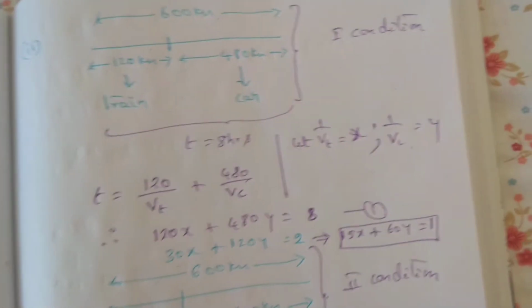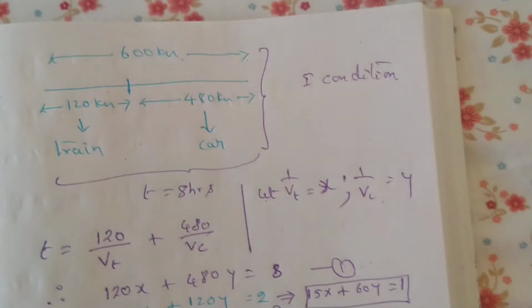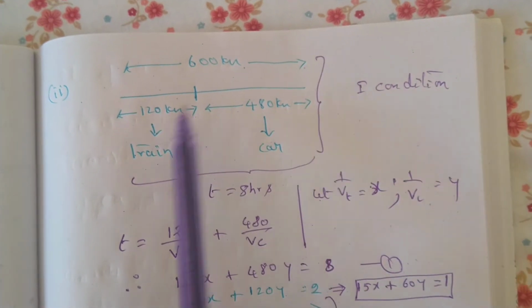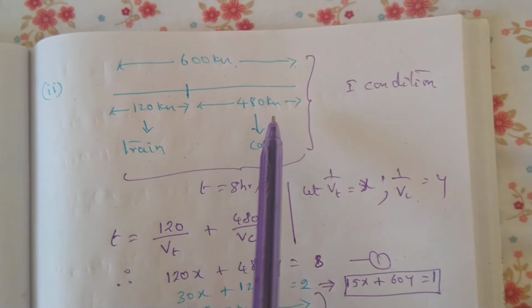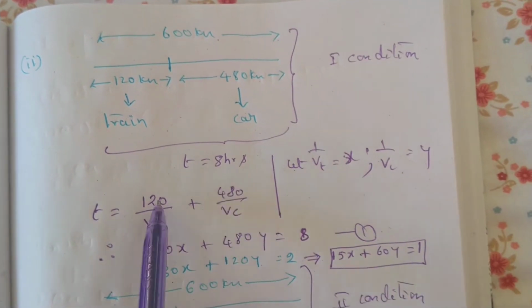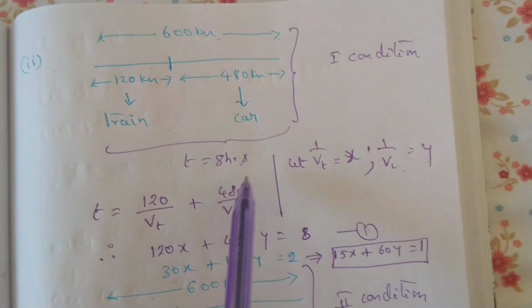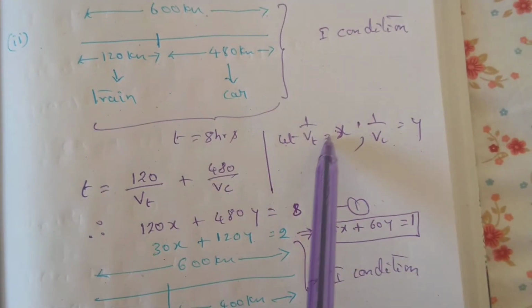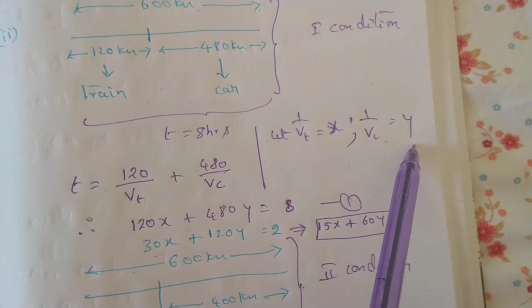Right. So now first let's see the first condition. In the first condition, completely how many kilometers? 600 kilometers, 120 kilometers by train, 480 kilometers by car. So time taken is 8 hours, that is equal to 120 by Vt plus 480 by Vc. Absolutely right. So now 1 by Vt is equal to x, 1 by Vc is equal to y.